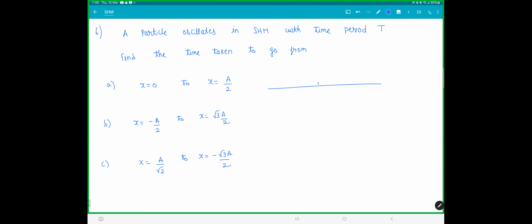So during this entire motion, I want you to tell me how much is this time. Not the full. You're going from one part to another part. Think for a minute, then I'll tell you something, then I'll give you time.